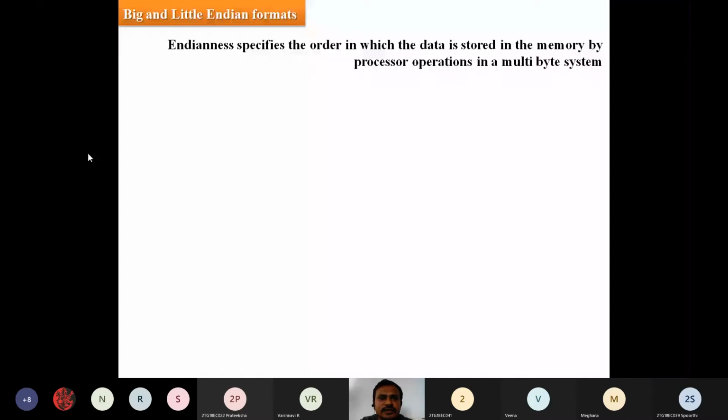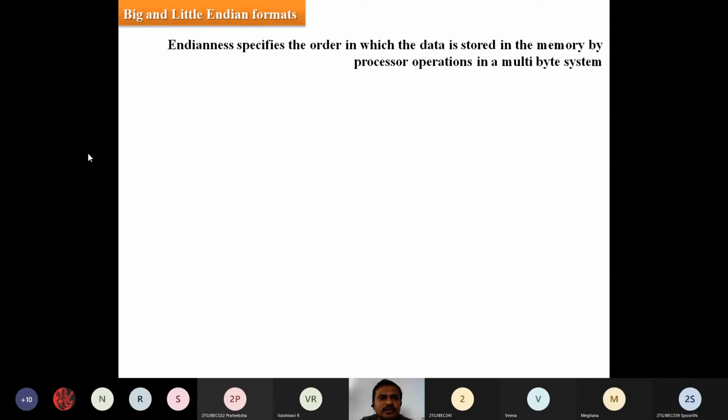Obviously, the system is designed for bytes. The data is stored in a byte, so it may be a single byte or multiple bytes. I hope you got the definition of Endianness, how the data is stored.